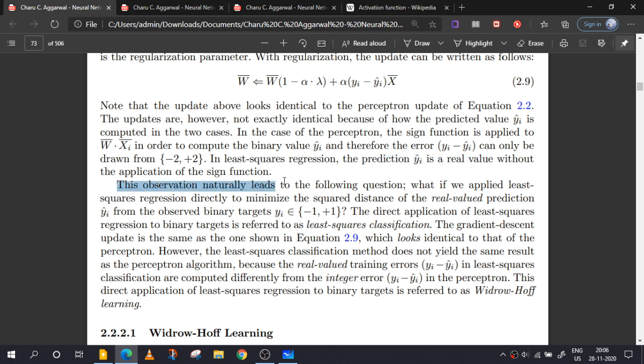This observation naturally leads to the following question: what if we applied least square regression directly to minimize the square distance of the real value prediction y hat from the observed targets yi? The direct application of regression to binary targets is referred to as least square classification.